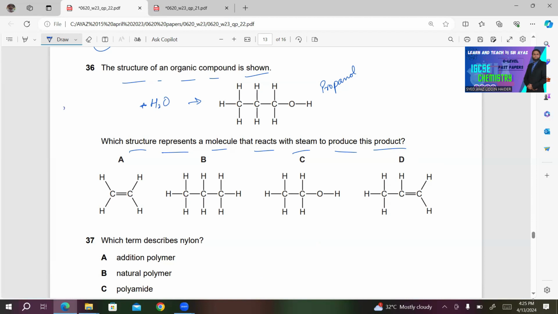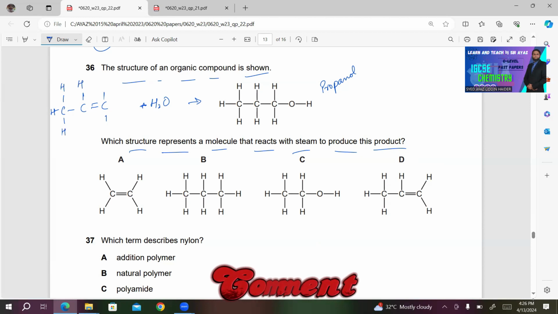You can place one double bond on 3 carbons. So you can see if you will find any propene here. So D must be the right answer for 36.